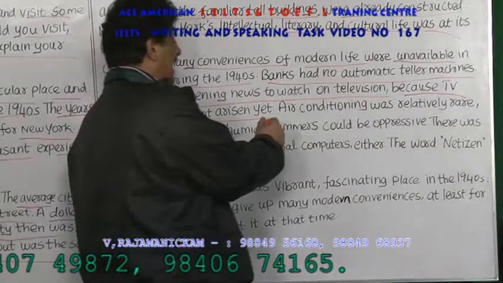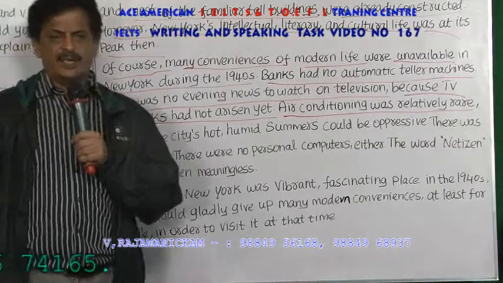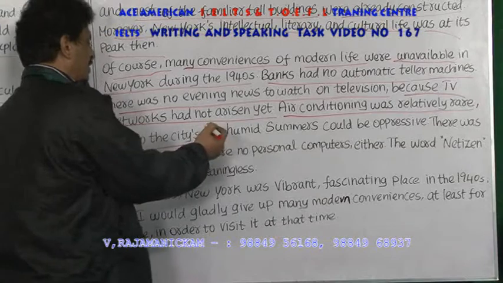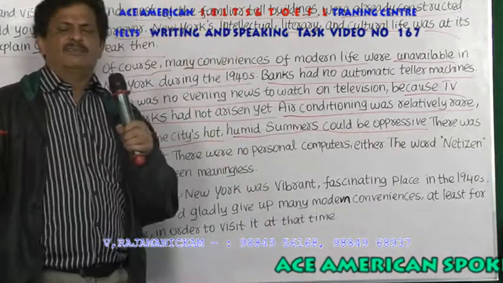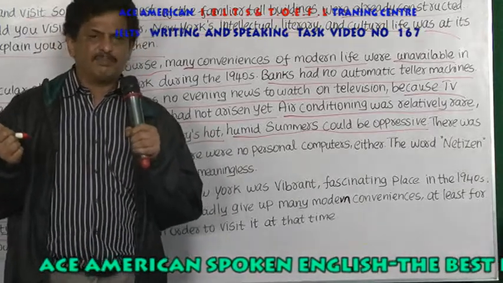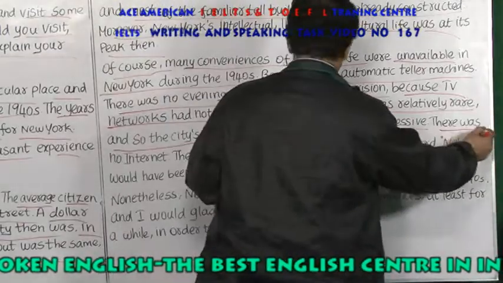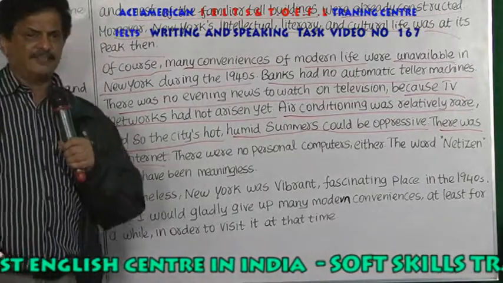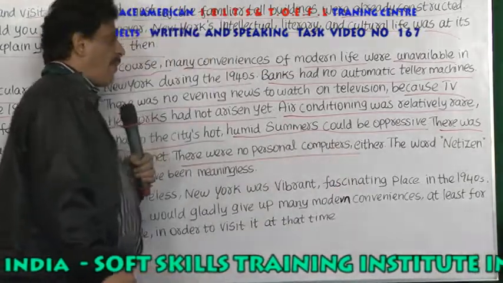And coming here, air conditioning was relatively rare during the 40s and 50s. And so the city's hot, humid summers could be oppressive. So in New York, the climate, the weather, it's hot, it'd be oppressive. You feel so uneasy. But still, he says, there was no internet. In the 40s, you never had internet. In the 50s, there were no personal computers. PCs were not there.